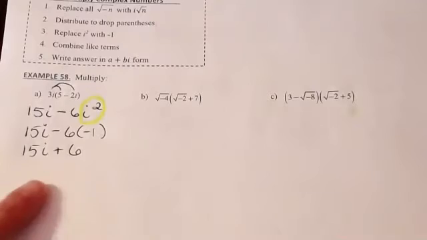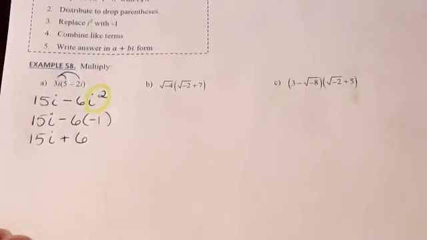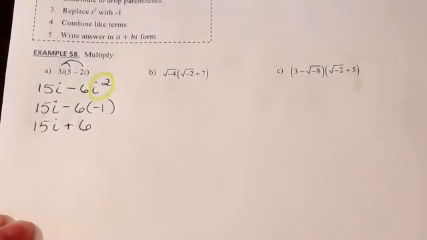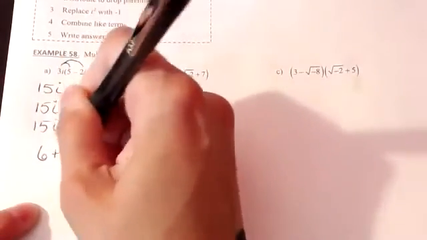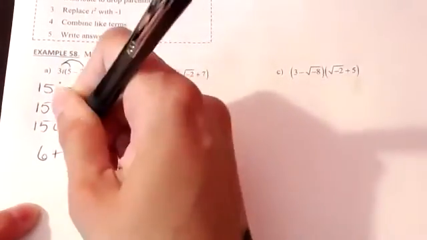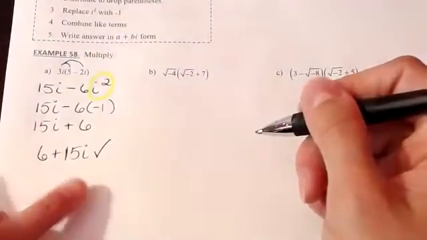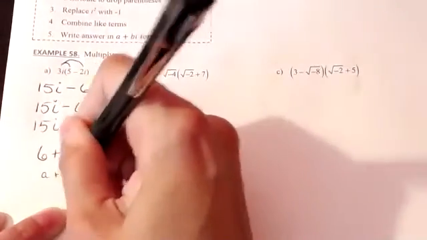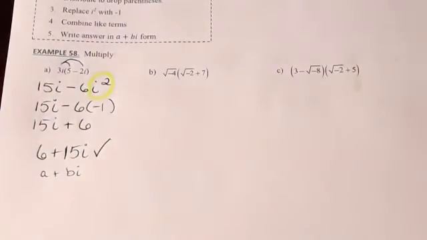This is not a plus bi form. This is reverse, so you want to flip the order and write your answer in the proper form. Your answer is going to be 6 plus 15i, a plus bi form. What did you think? Not bad, right? Not terrible.